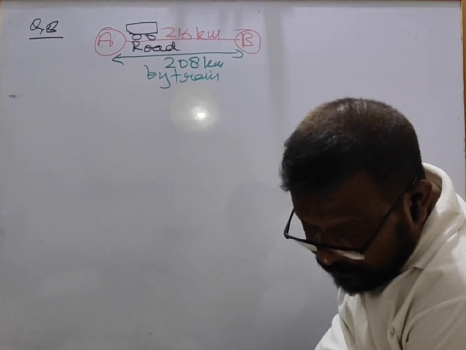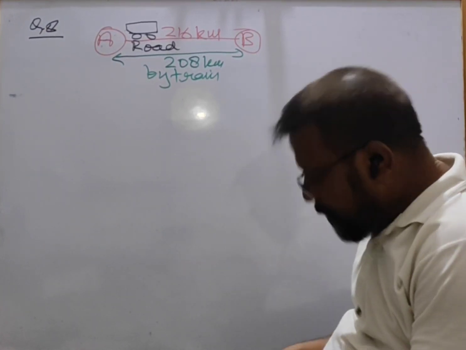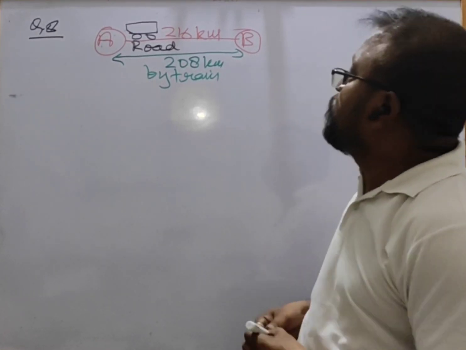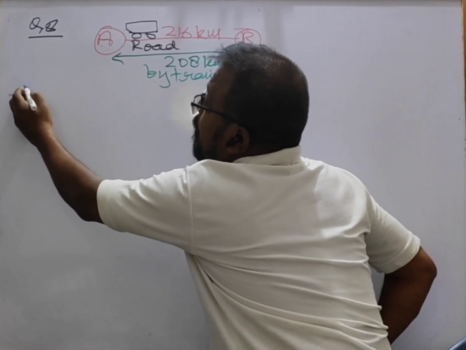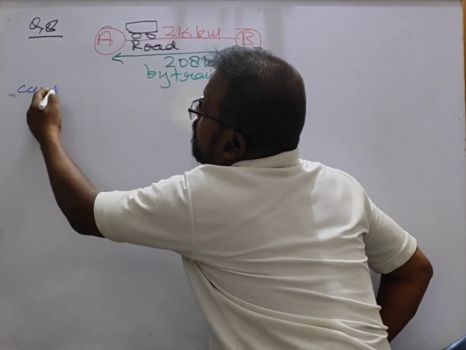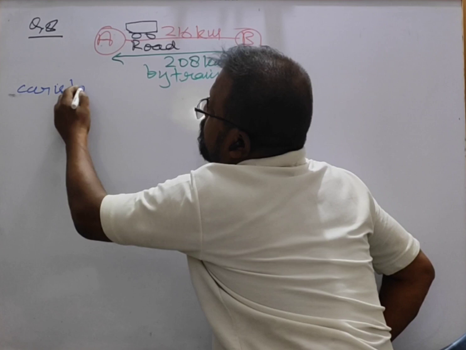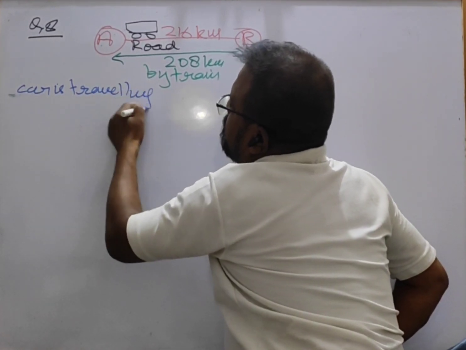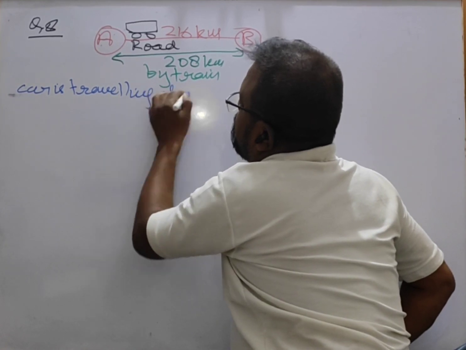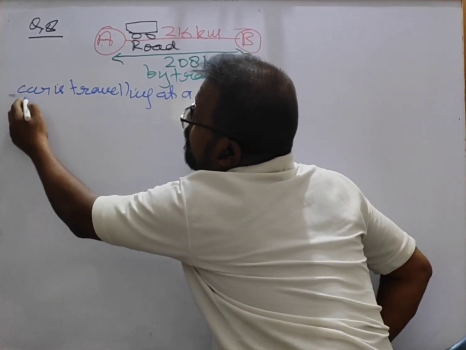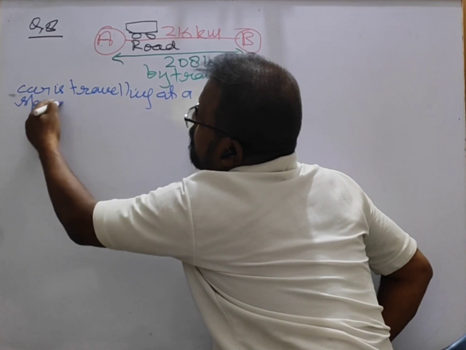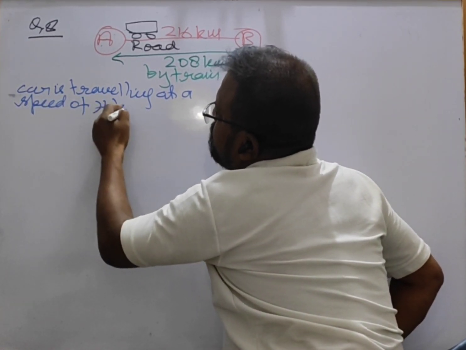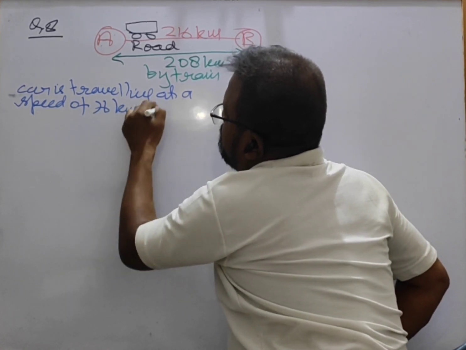A car travels at a speed of x kilometers per hour. So the car is traveling at a speed of x kilometers per hour, right?